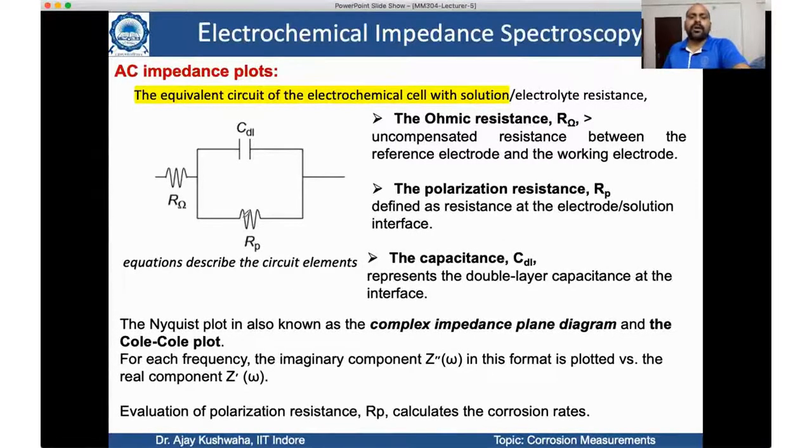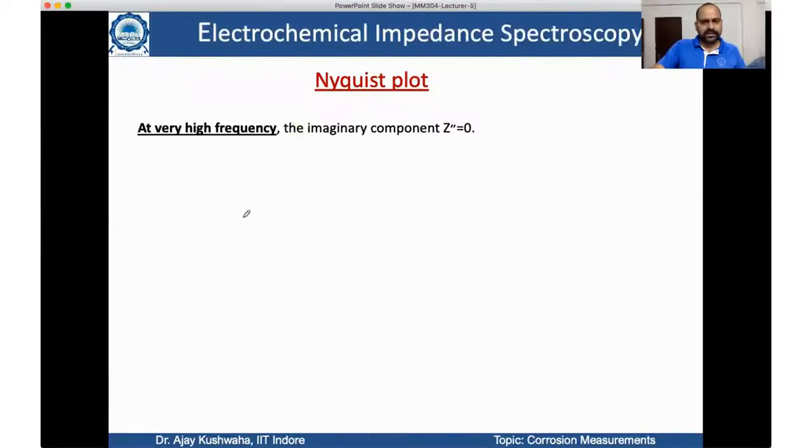So if we plot this Z double dash versus Z dash, then we can evaluate the value of polarization resistance Rp, and then we can calculate the corrosion rate. So by using this method, we can do the analysis.